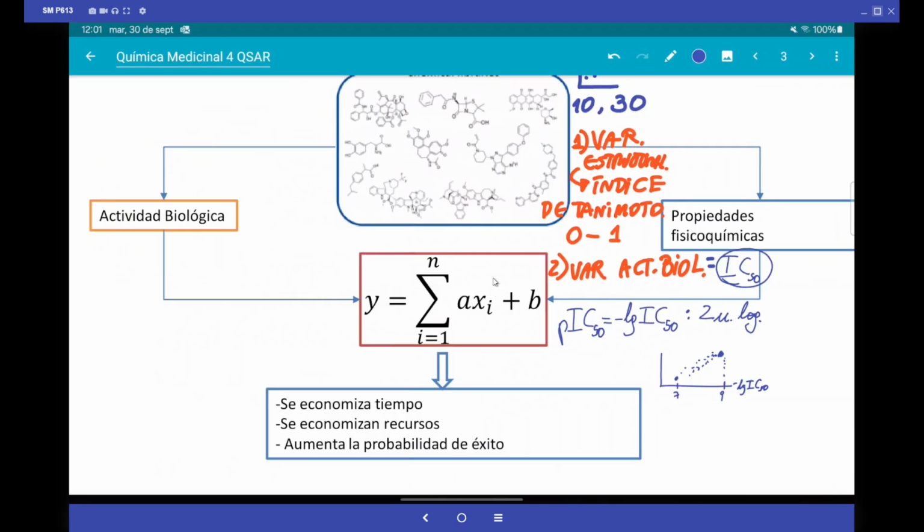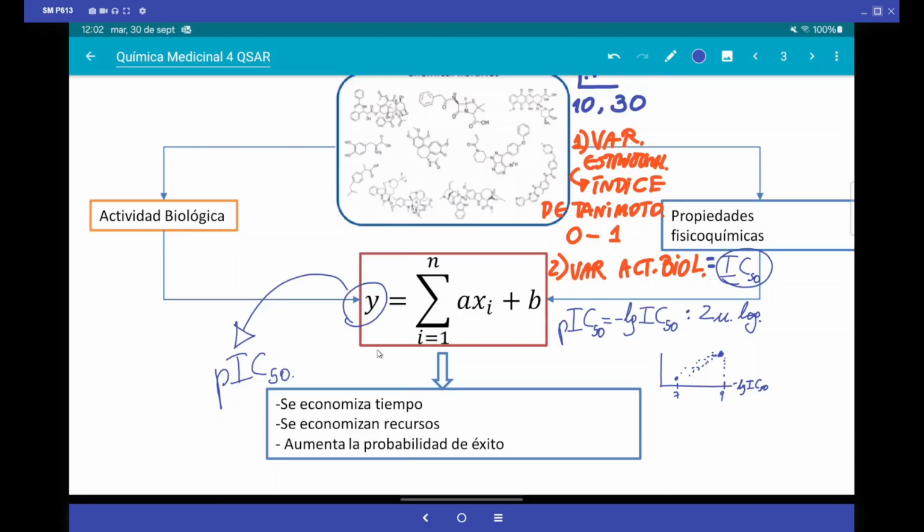Do not forget, the biological activity, Y, is always expressed on a logarithmic scale. That is the Hansch hypothesis, and that has worked well so far. That is almost always the p in pIC50. So the biological activity is usually the pIC50, and the X sub i are the molecular weight, the refractivity, the electronic coefficient of Hammett, orbital energies, etc., because we can also use quantum descriptors as well.